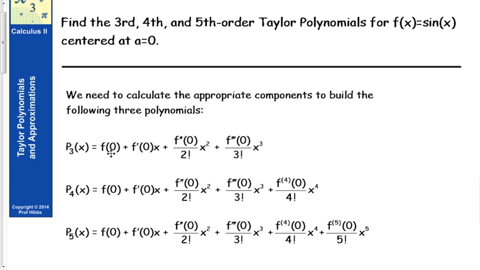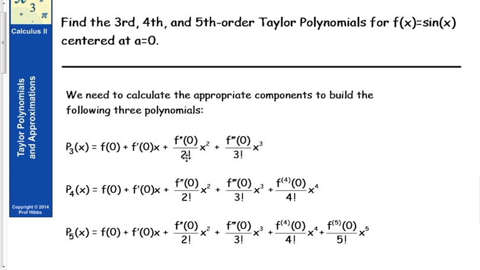And remember, it's f of a as the first term, and if a is 0, then it's f of 0, plus the first derivative evaluated at a times x minus a, all to the first power, but since a is 0, that's just x to the first power, plus the second derivative evaluated at 0. We're doing this till we get to the third derivative, aren't we?